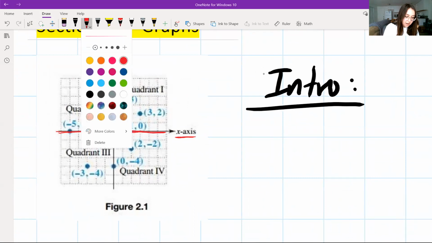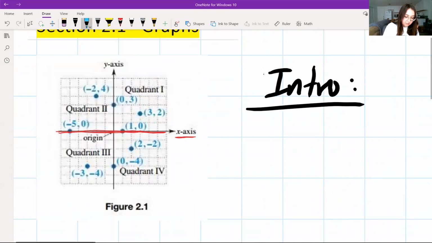And then we also have a vertical axis, which will be the y-axis. So this axis here. Okay. So we have these, and the point where they meet is called the origin. So we're going to highlight that. That's called the origin, and that's where they meet. So the origin is the point 0, 0.